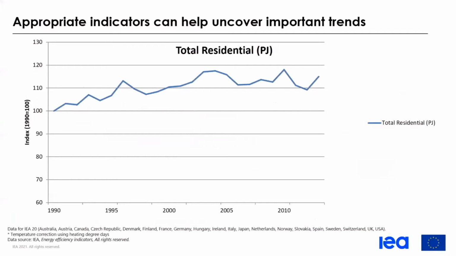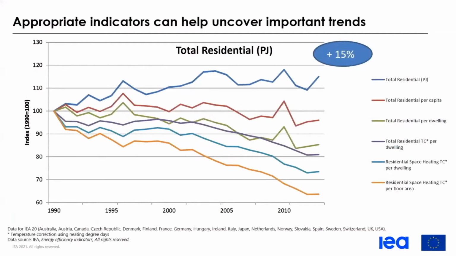Let's see another example where we study the residential sector trends, starting by using the most aggregated data and moving to the most detailed one. If we analyze the residential consumption over 20 years, shown in the graph in the blue line, we see that there has been an increase as a whole, plus 15%.